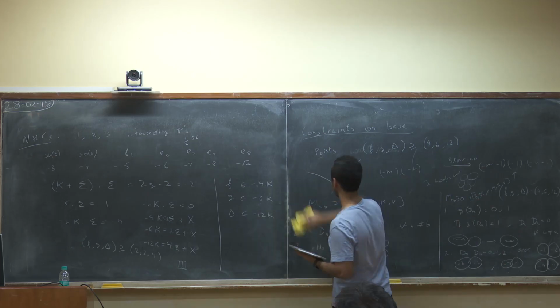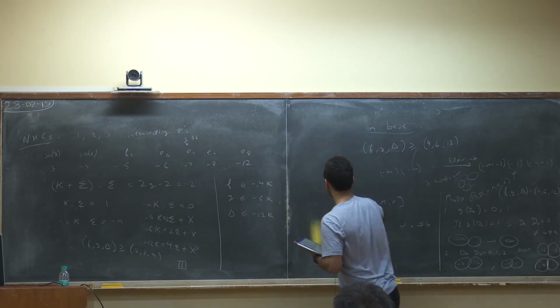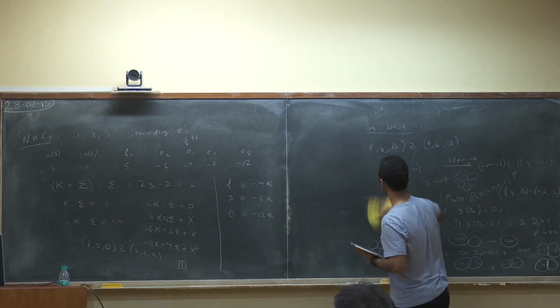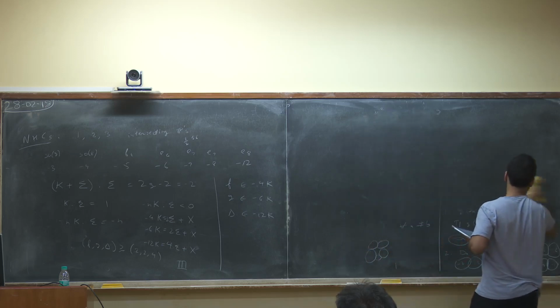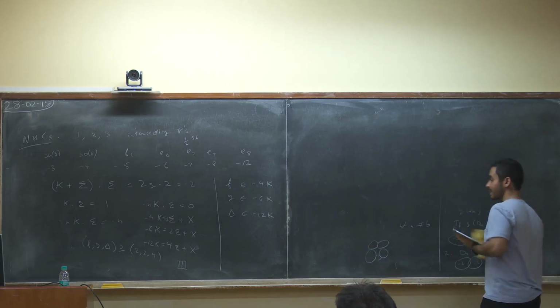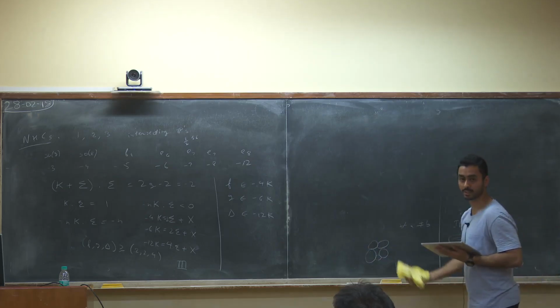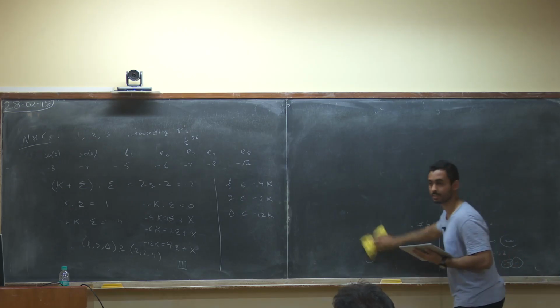Okay, so these are the non-Higgsable clusters. So these are the building blocks for my base. And we see that a particular base must carry some minimal amount of gauge theory on it. You cannot completely Higgs a base.